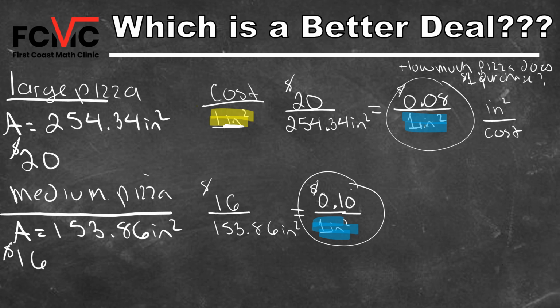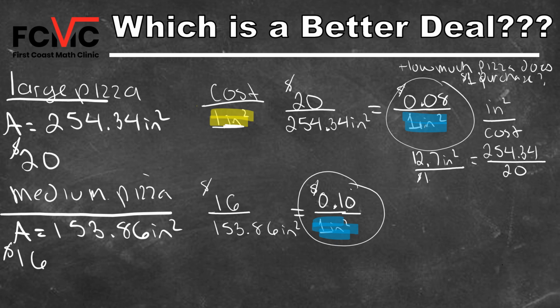All right, so if we start with our large, our area, 254.34 over 20. If we divide that out, we're going to get 12.7 inches squared per $1. So every dollar will buy us 12.7 inches squared.